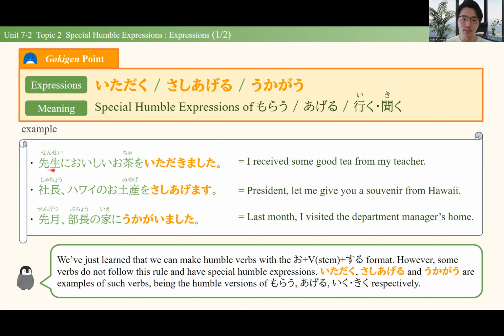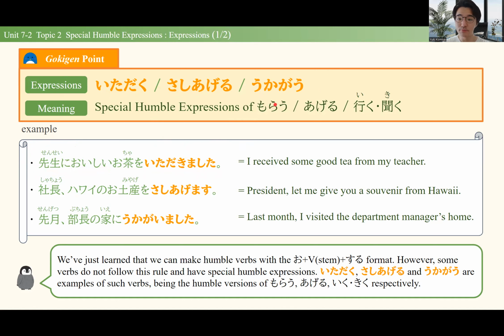Look at the first example. 先生においしいお茶をいただきました. In a normal sentence, it should be もらう, to receive. I received a good tea from my teacher. もらいました. But because the sensei is the person who should be respected here, it's made into いただきました.